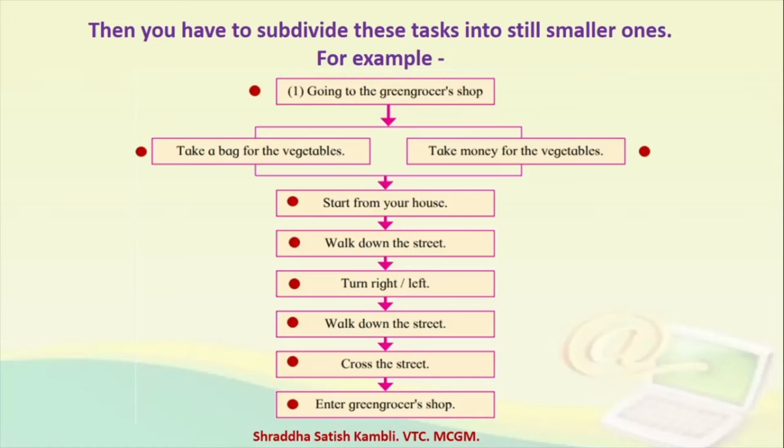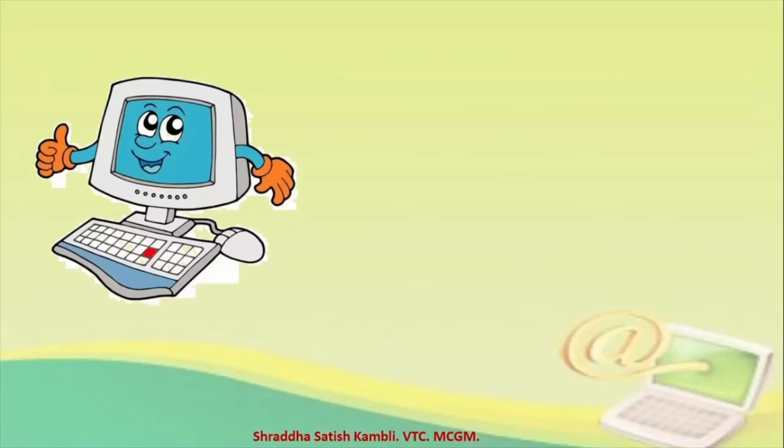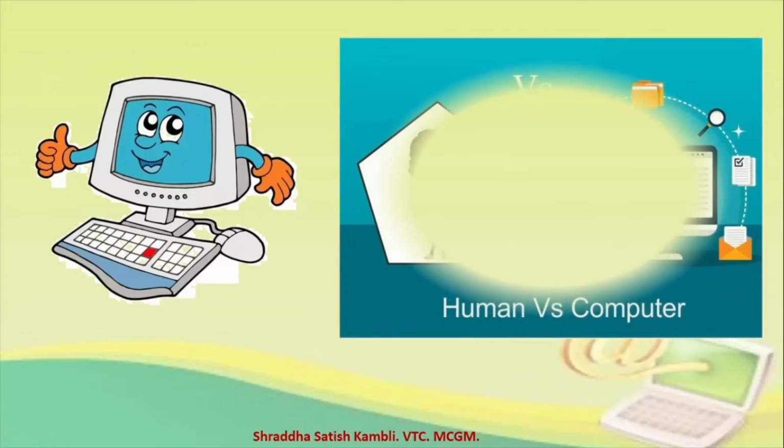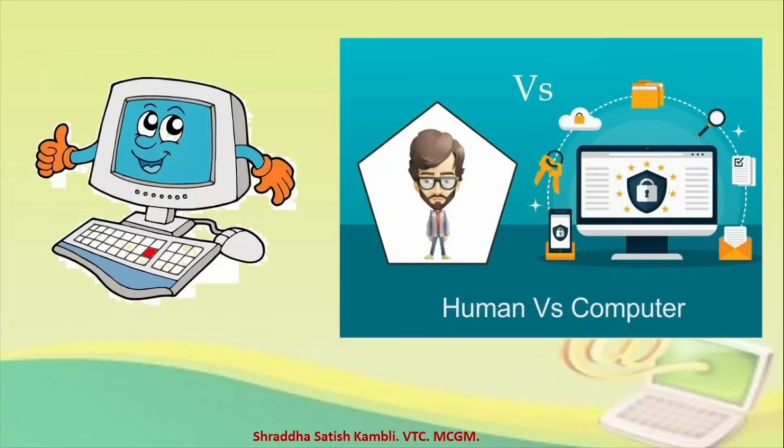Imagine that you have a robo with you at home and you want to send this robo to buy vegetables, and then you're writing all these programs for the robo, which is a computer. Okay, so this is an assignment for you. So now you can imagine that even though computers feel very smart, it is we human beings who have made the computer smarter.